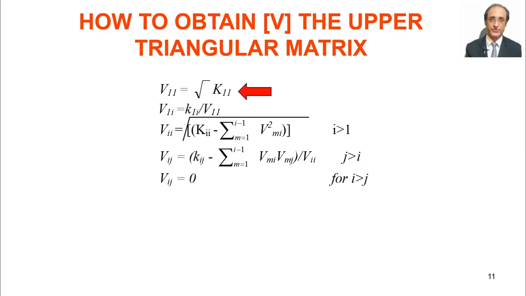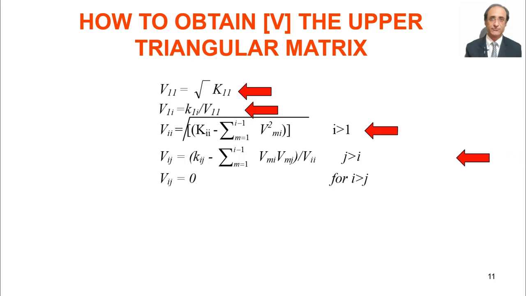equations. So he begins with the first term, which is basically k11 under root. Because K is known to us, we have assembled it, essentially it's KPP. The first term is k11 under root. And the first row: for the first row, we have to divide the first row of the original matrix by the root of k11, v11, which we have found.